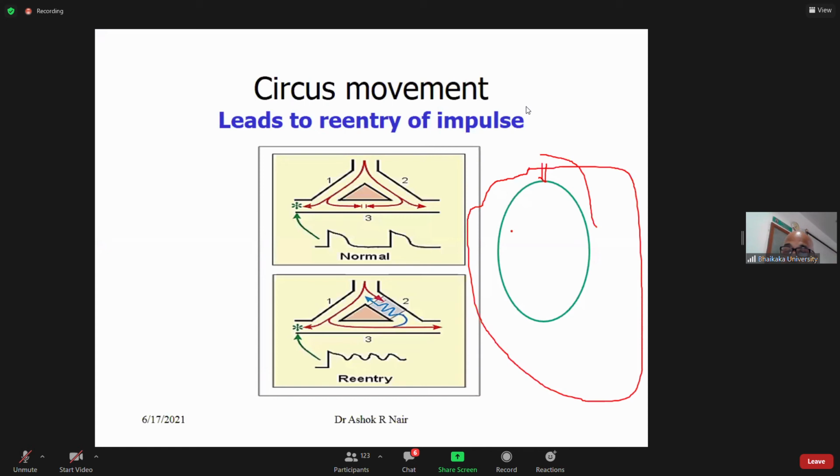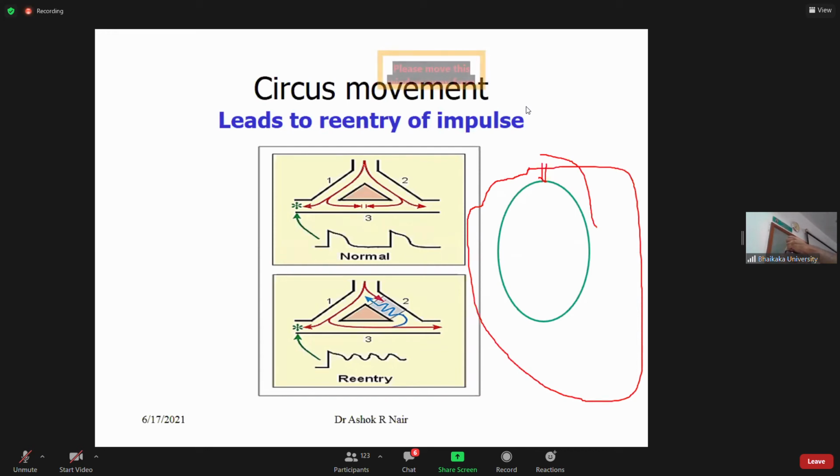Second, if the conduction is slowed, by the time it reaches this point again, it has become repolarized, so it will re-enter. Re-stimulation can occur. Third, if the refractory period is shortened, in that condition also it can re-enter. So if these three conditions are occurring, then it can re-enter.